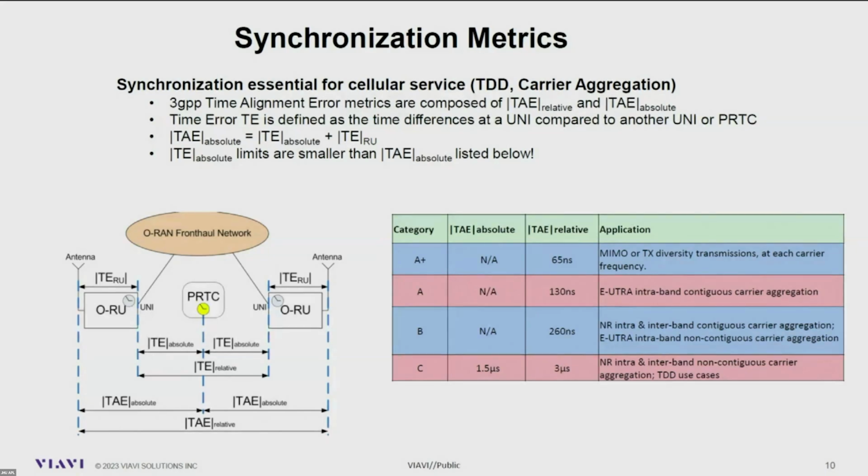We have some of those limits in our specification in workgroup 9, but also ITU-T has limits anywhere from 1.1 microsecond to 1.4 microsecond. That is the difference between this UNI and the GPS. So we have limits for all of them.